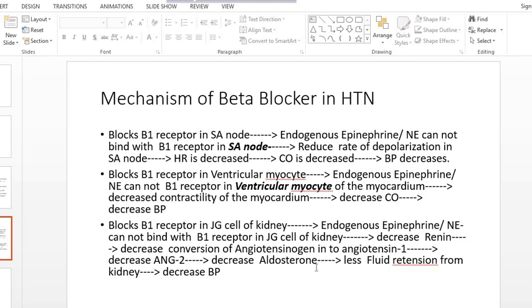And decreased angiotensin 2 and aldosterone lead to less retention of fluid by the kidney. So when fluid retention is less, your blood pressure goes down, and lipid soluble beta blocker like propranolol decreases sympathetic drive from the brain, right? By this mechanism, they act as antihypertensive beta blocker.